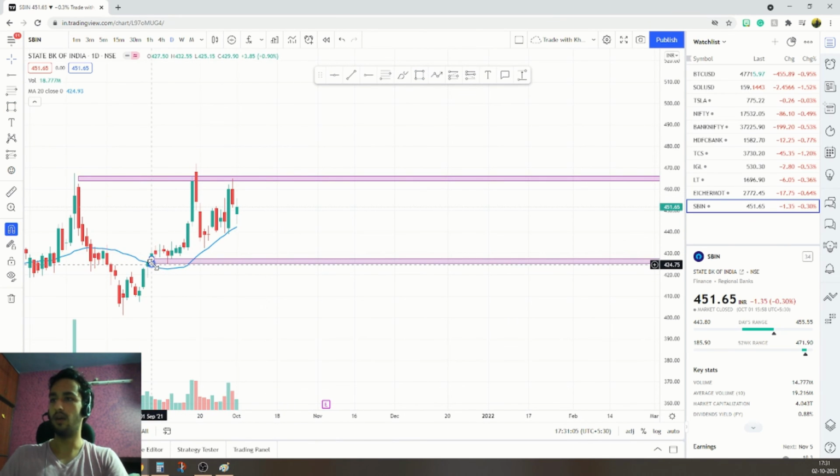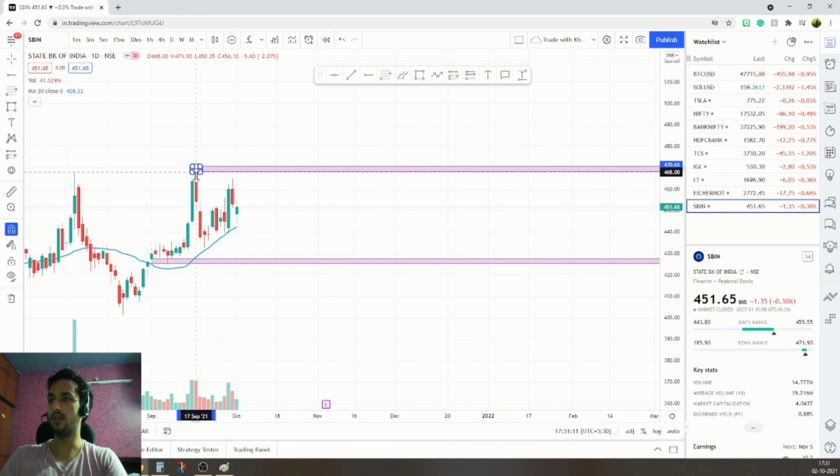So this has been our range. Okay, so we have a breakout over here. So let's consider this range, right? We have been ranging here since 1st of September. The price has been in this particular range from 1st of September. So let's wait if we can see some sort of breakout in this.